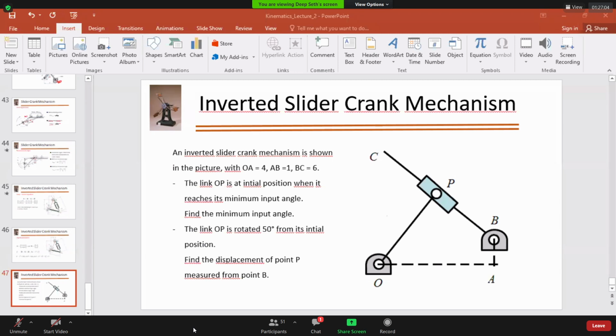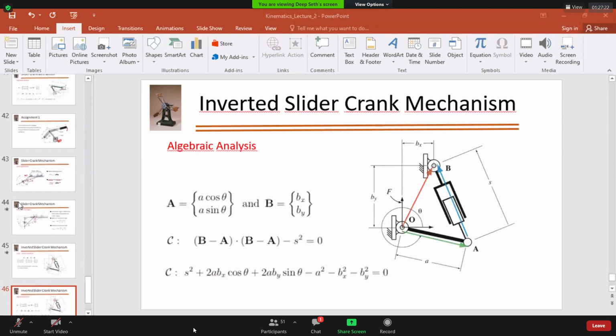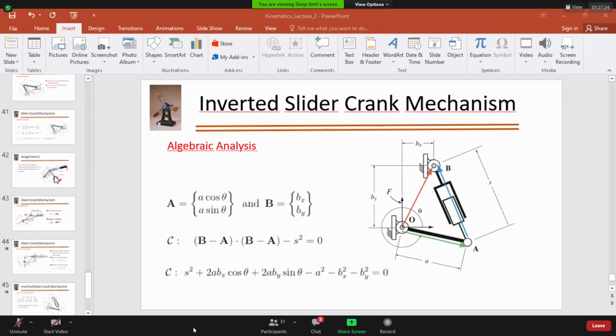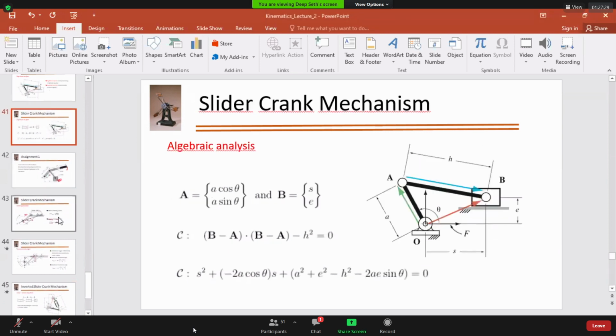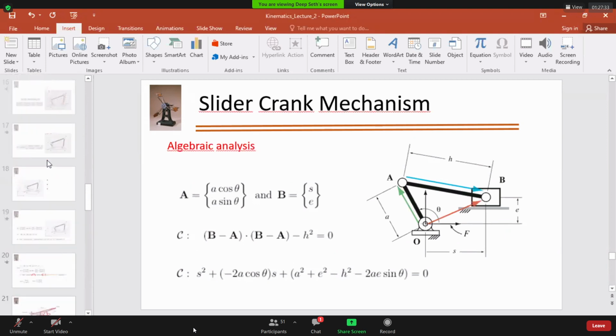Sir? Yes. I'm interested in knowing what is point of interest, sir. In the last slides, there is one example of a kinematic diagram which has a point of interest. Sorry, in which slide? It's in the beginning, I think.